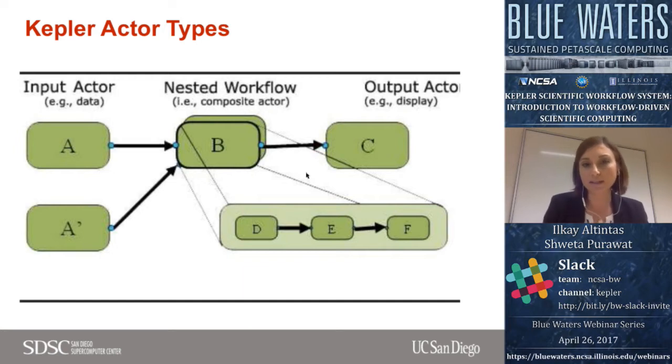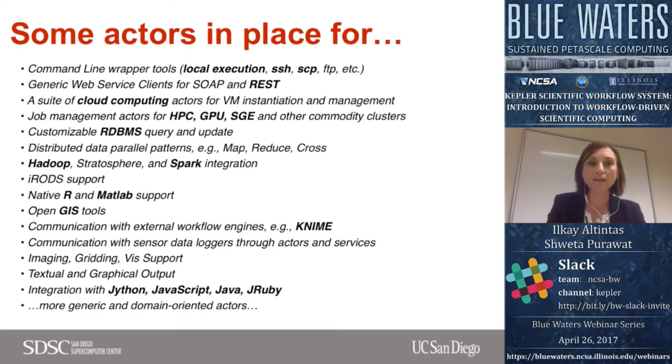Thanks to that nesting, in these nested workflows, which we call composite actors, you can have different computational models. And we have some papers on how you can bring together these different computational models and compose them as one workflow without breaking the laws of computability, if anyone's interested.